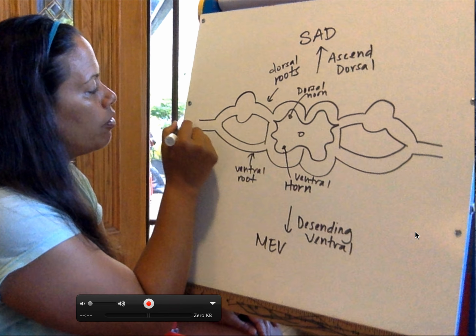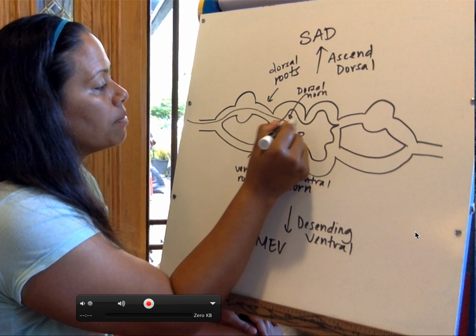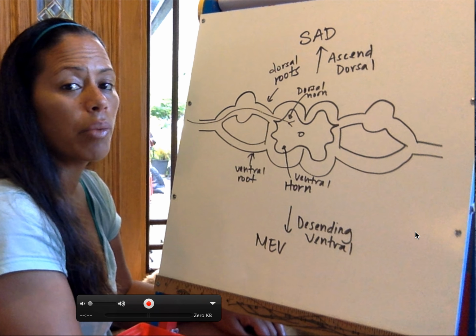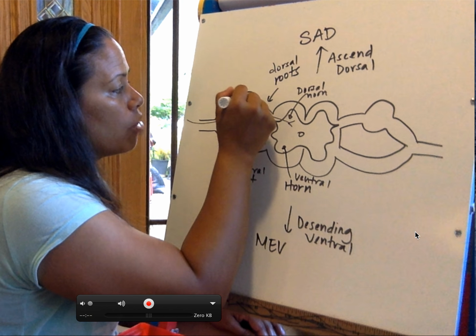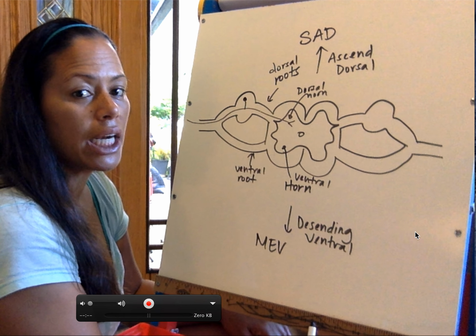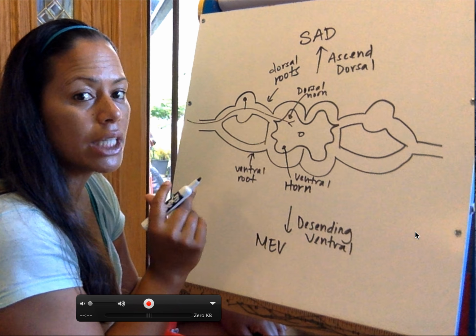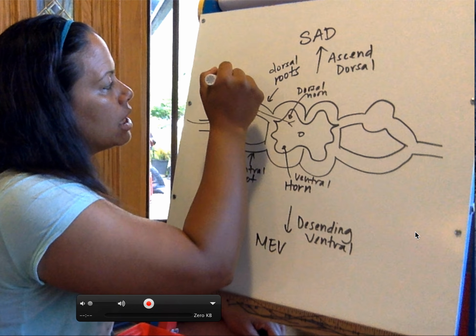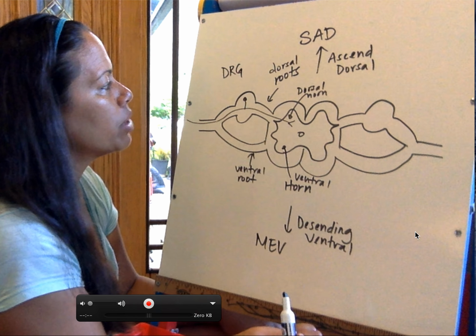If I have information that I'm sensing, and it travels into the back, it travels through what pathway? SAD, sensory, afferent, dorsal. Well, there's a group of cell bodies that are located outside the CNS but inside the PNS. What are they called? They're called the ganglia, right? So this is a DRG. Can anybody figure out what that means?